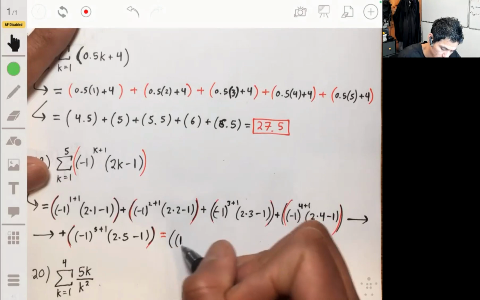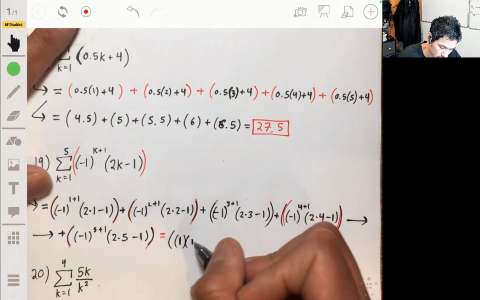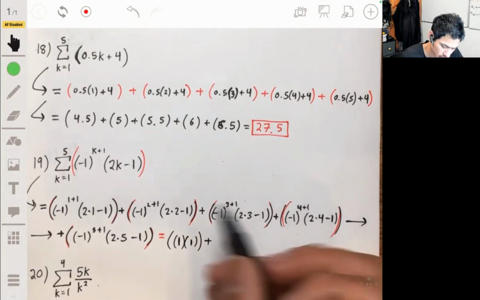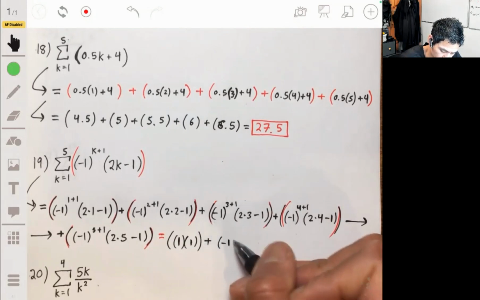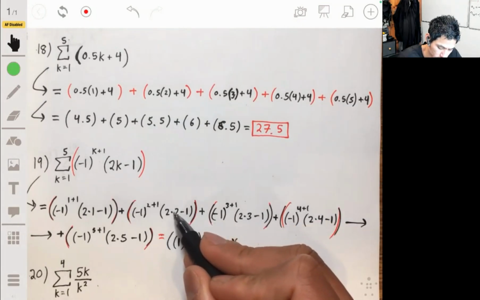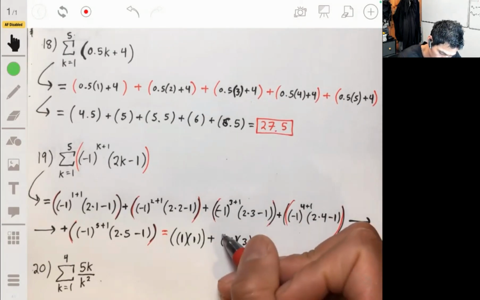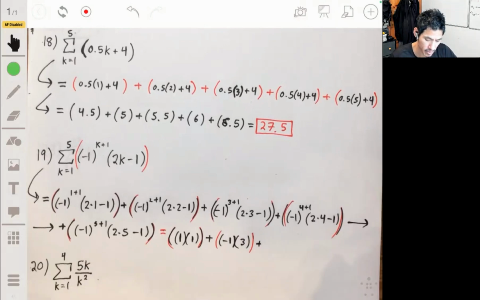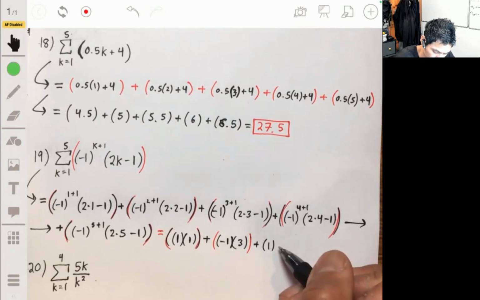We'll get +1 times 2 minus 1, which will be 2 minus 1 is just 1, plus a2, -1 to the 3, which will be -1, times 2 times 2, so 4 minus 1, so times 3. a3, -1 to the 4th, +1, 2 times 3, 6 minus 1, 5.